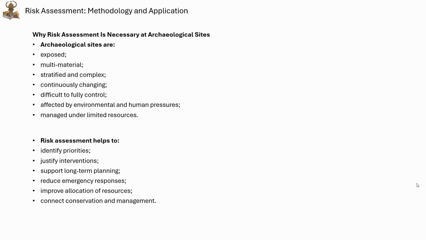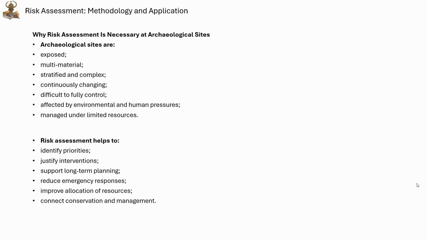And these limited resources are very often the main point when we are preparing a risk assessment. Of course, we can have a great idea that we will shelter all our sites with modern shelters, and it costs, I don't know, $5 million, but really often these resources are limited, and we need to think about what we can do with limited money, for example.